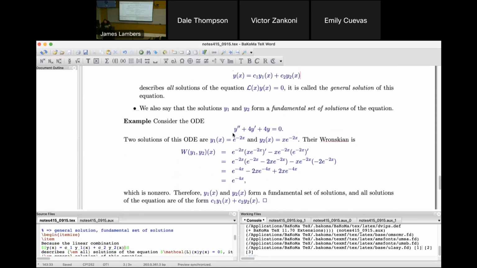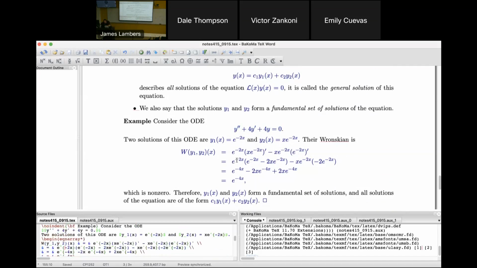So as an example, here's a second order linear ODE with constant coefficients. And using techniques that you would have learned in your first course on ODEs, you would find two linearly independent solutions. y1 is e to the minus 2x, y2 is x e to the minus 2x. If you were to compute the Wronskian, so here's y1 and y2, we have y1 y2 prime minus y2 y1 prime.